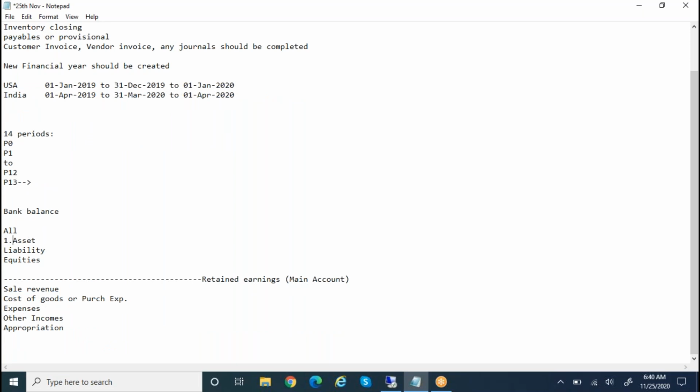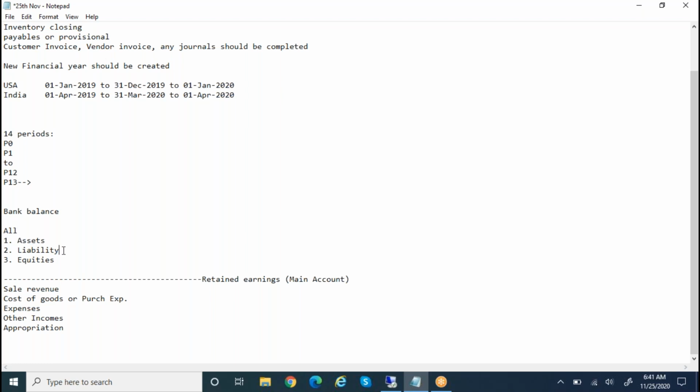Actually, one series is assets. This is not a thumb rule, but this is a best practice Microsoft follows. One series means assets. Here, assets means all customer balances, bank balances, all inventory transaction accounts, and all fixed assets balances will be lying here.